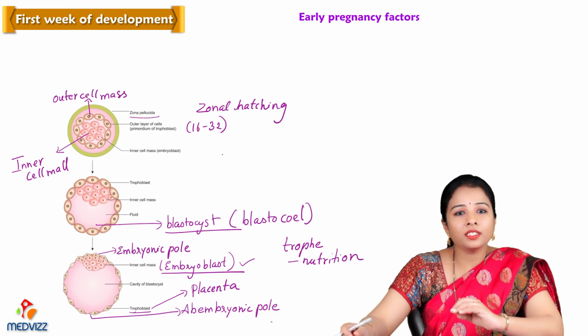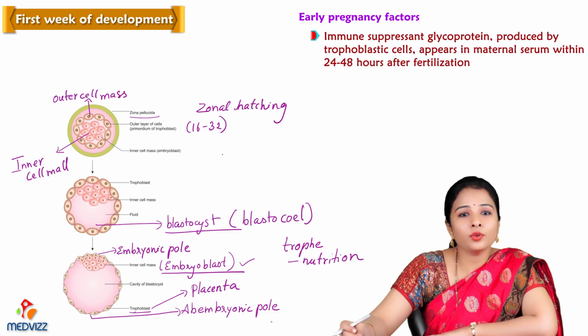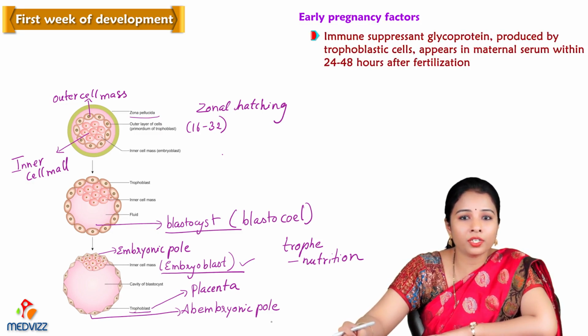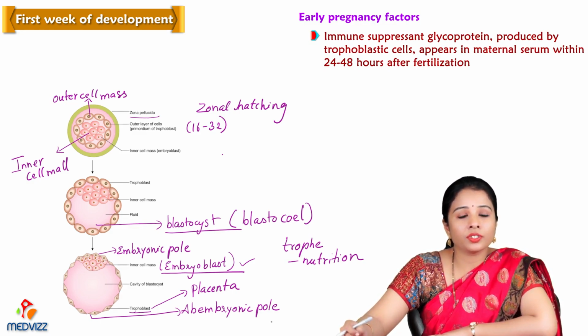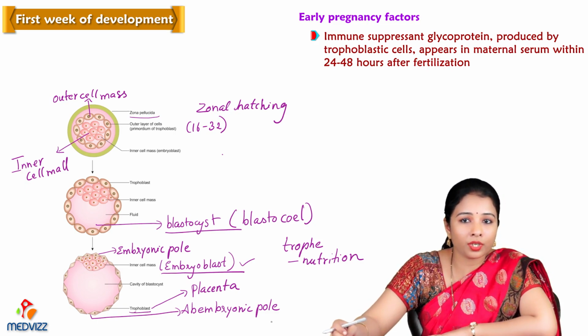So early pregnancy factors are released during the initial 10 days of development. An immune suppressant glycoprotein produced by the trophoblast cells appears in the maternal serum. Within 24 to 48 hours, there will be appearance of immune suppressant glycoprotein.